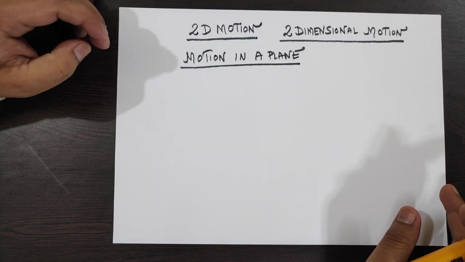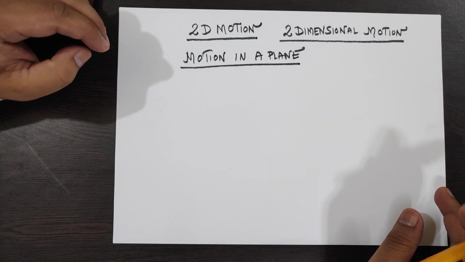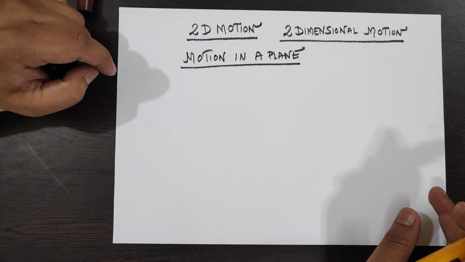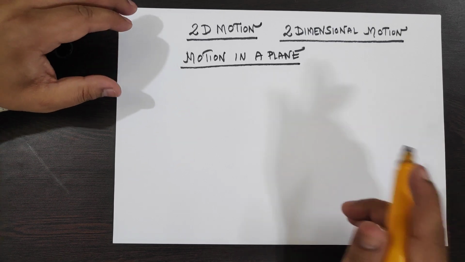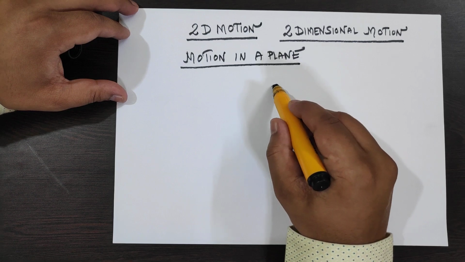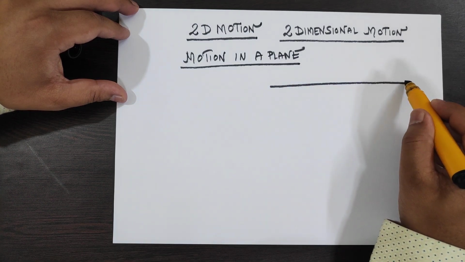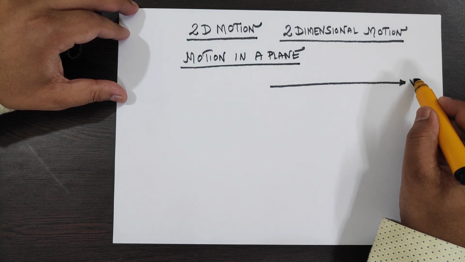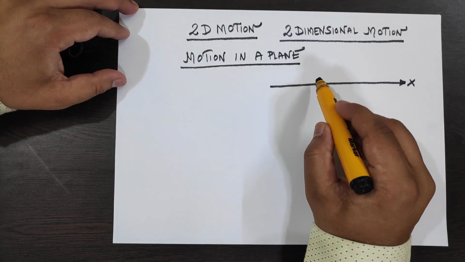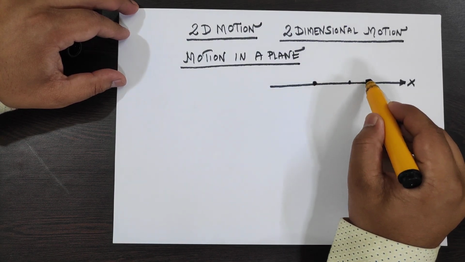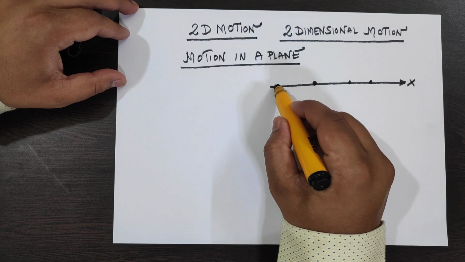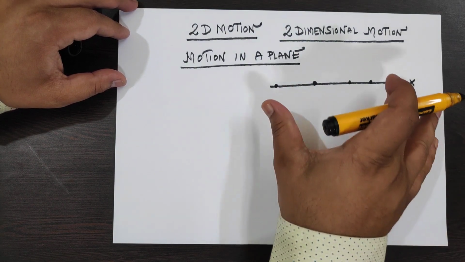So let us discuss two-dimensional motion, or 2D motion, or motion in a plane. We have learned straight line motion, where the particle is traveling in a straight line and, to describe the location or position of the particle, we need only one coordinate axis.